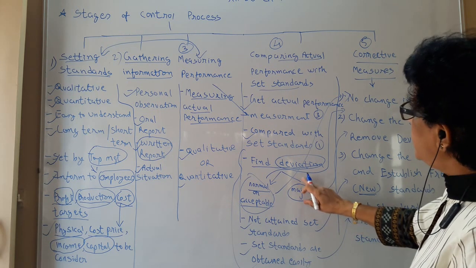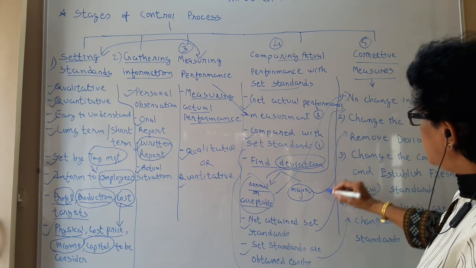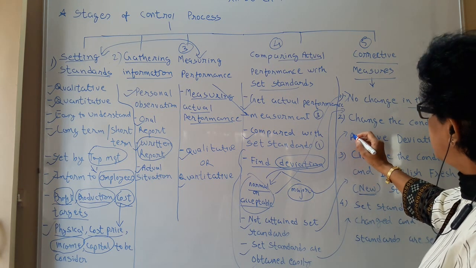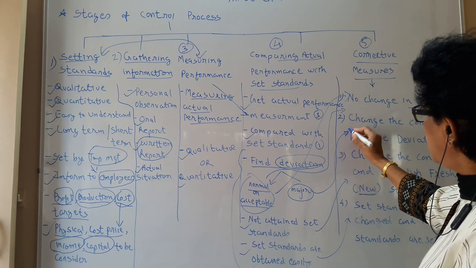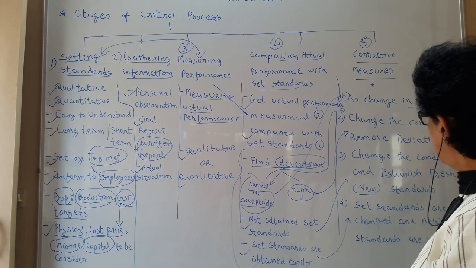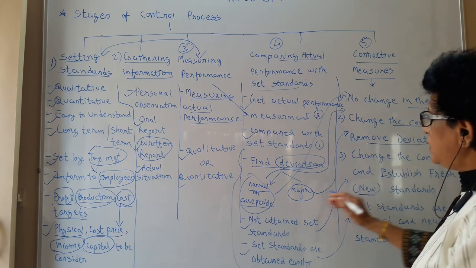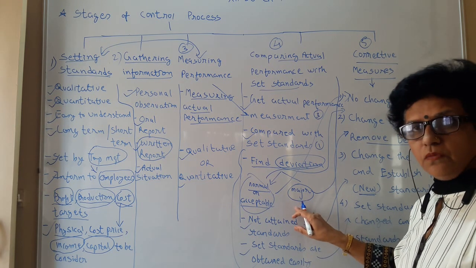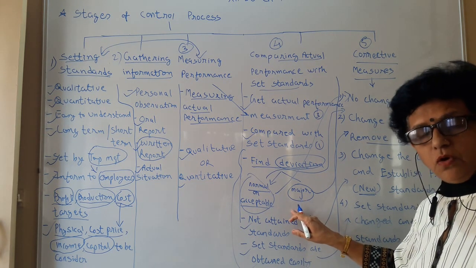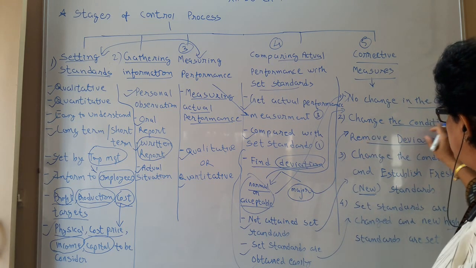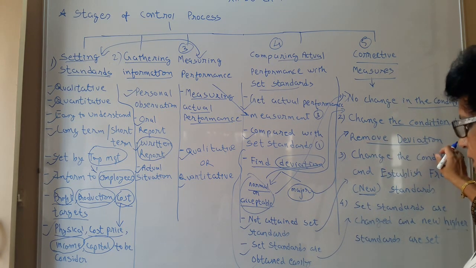Second, when you see that major differences are there, the major differences lead to point number 2, change the condition and remove the deviation. Here something major is going on. So we need to think, we need to observe, we need to rethink and we need to change our conditions and remove the deviation.